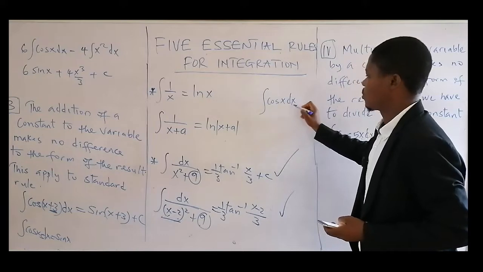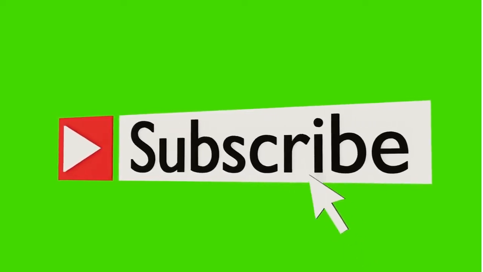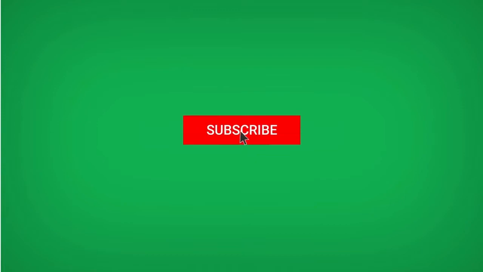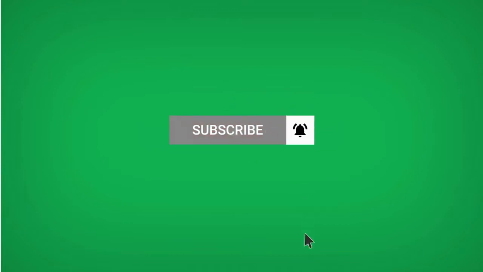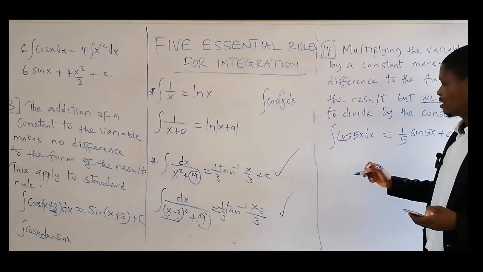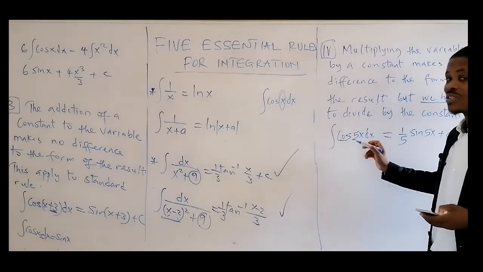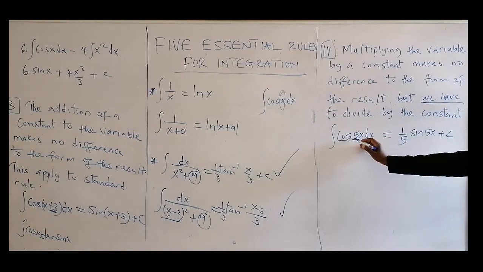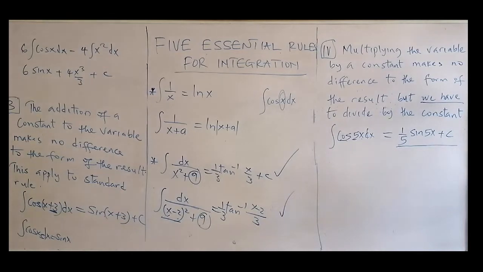So when you're multiplying the variable by a constant, we said it makes no difference to the form of the result, but we must divide by that constant, and that's what we have done here. We must divide our answer by that constant.